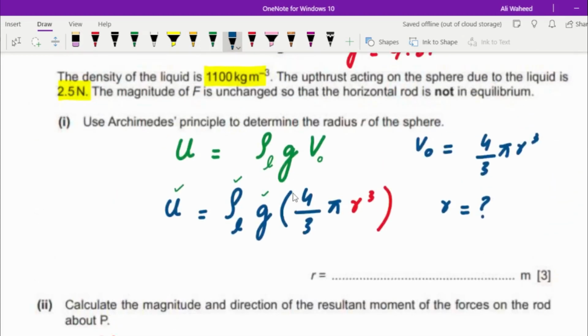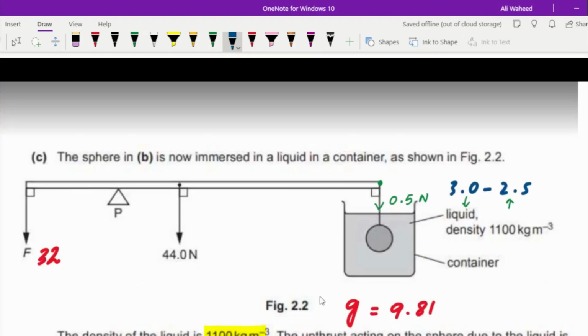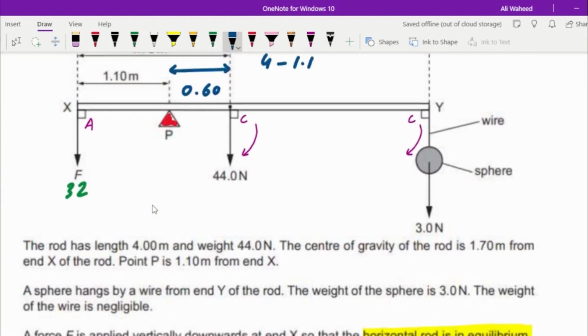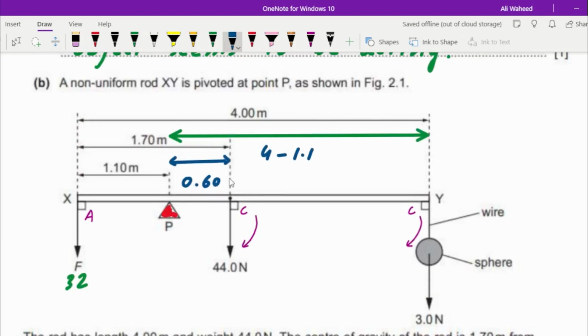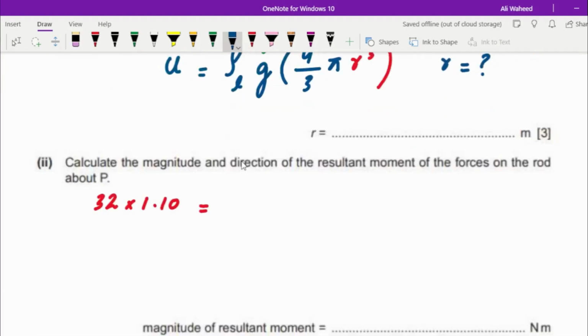One of them is 44 Newton, this one, and the perpendicular distance of that force from the pivot is 0.60, as you can see on the previous diagram. So what we write here is 44 times 0.60.